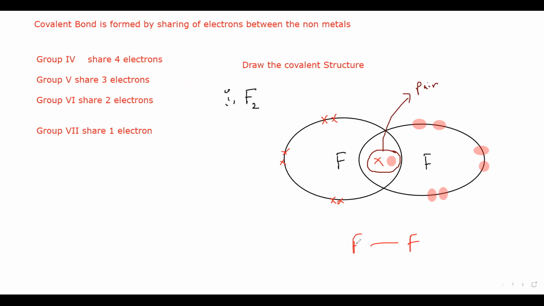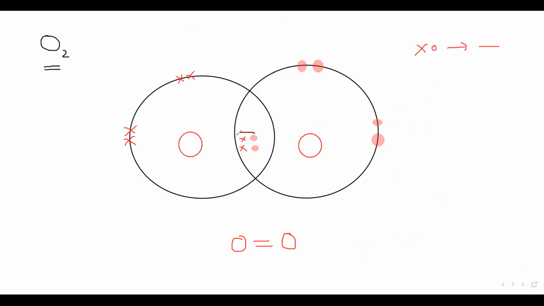So we have two fluorine, one fluorine and another fluorine, and how are they connected? They are connected by a pair of electrons, so we can represent by a single line between them. When you check oxygen, there are two pairs, 1 and 2. So if two pairs are there, we can represent by two lines.